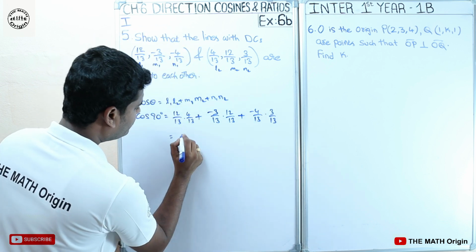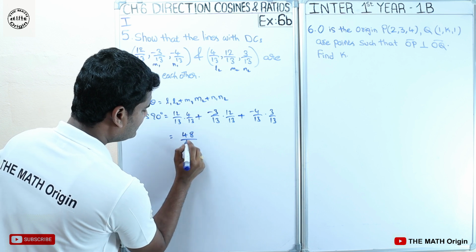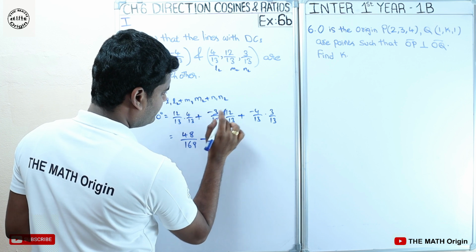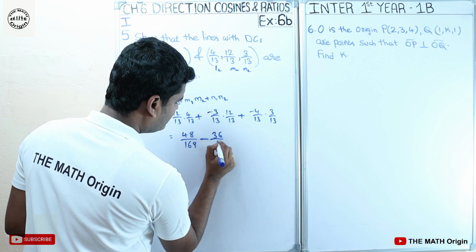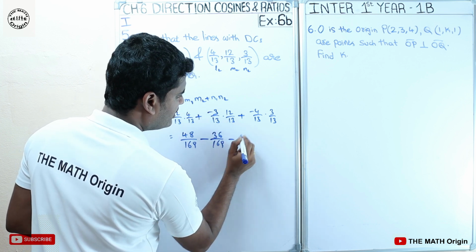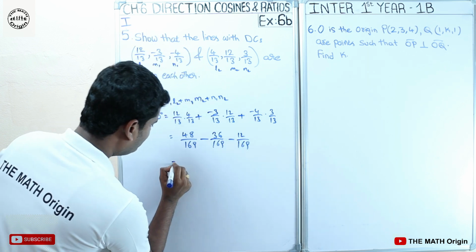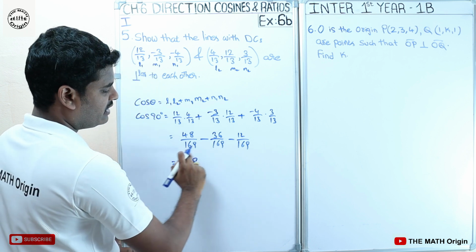12 4s are 48/13, 13s are 169, minus 12 3s are 36/169, minus 4 3s are 12/169. Therefore that is equal to 48.